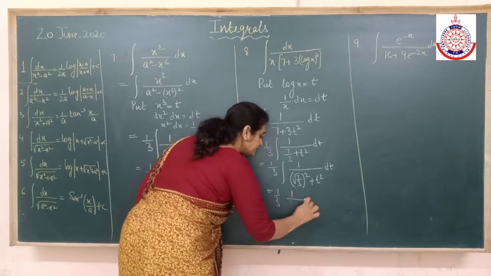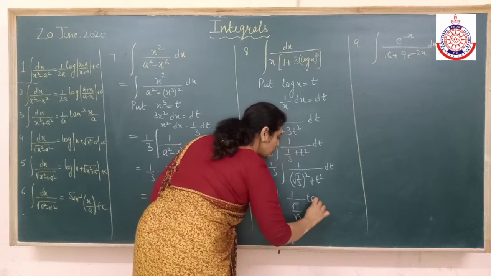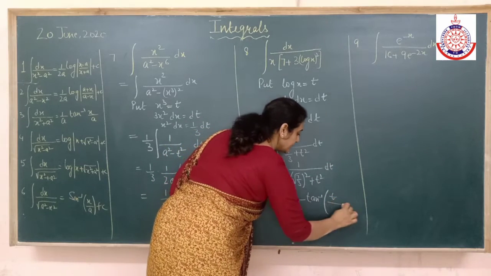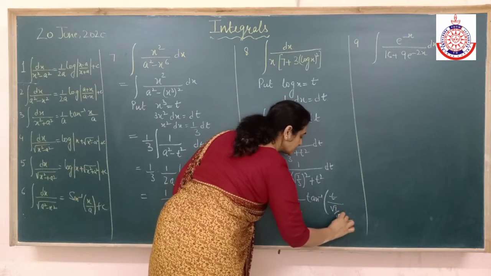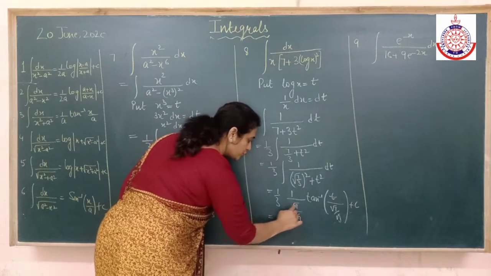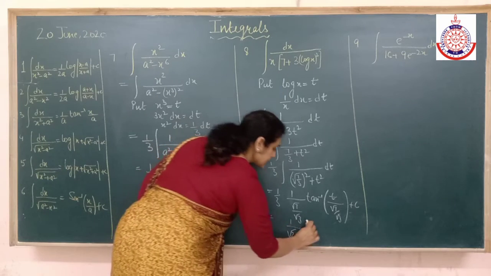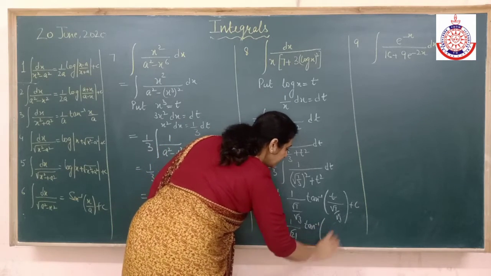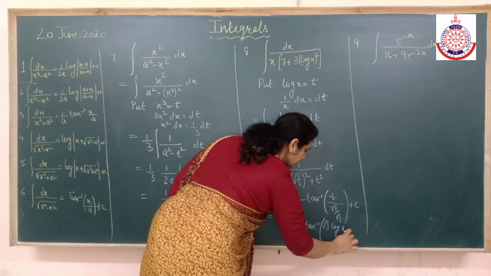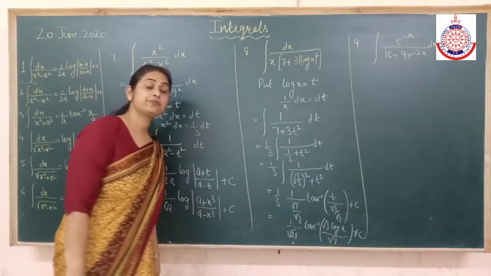1 by a tan inverse x by a. Let's see, this root 3 gone, it will be root 3 into root 7, root 21, tan inverse, put the value of t, that is log, root 3 will go up, plus c.